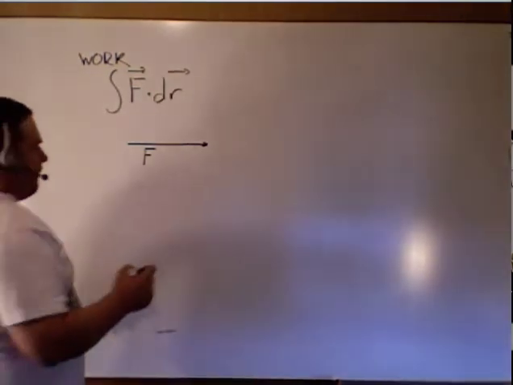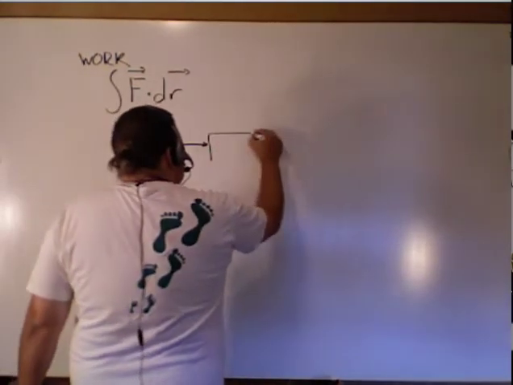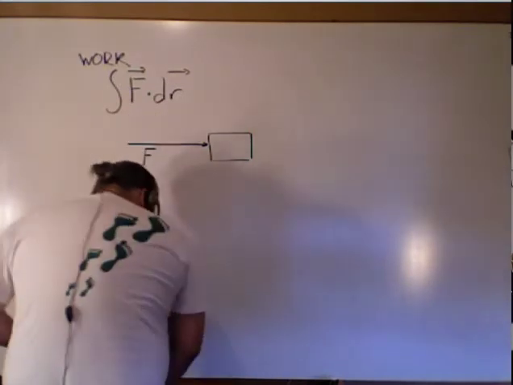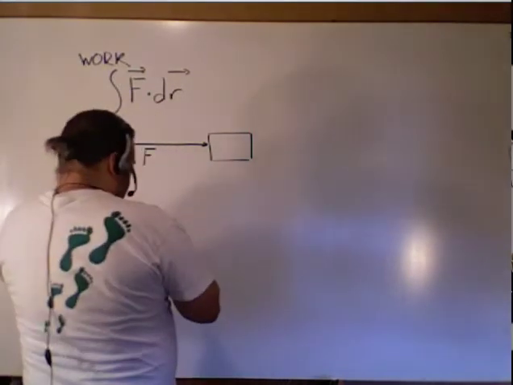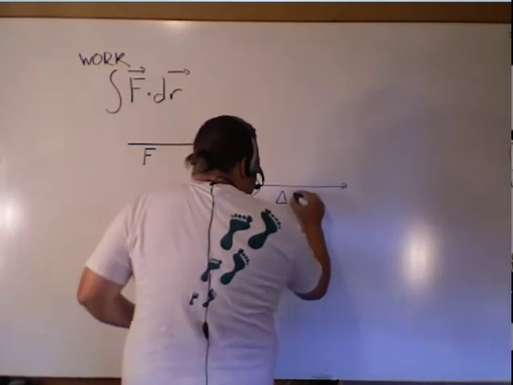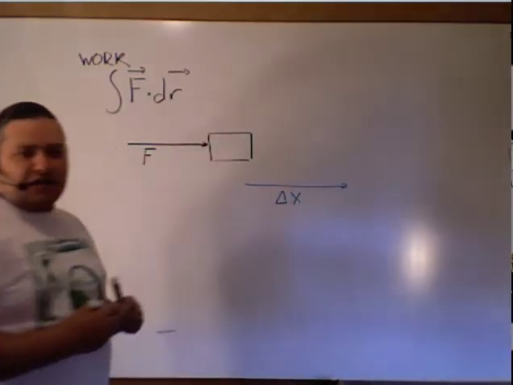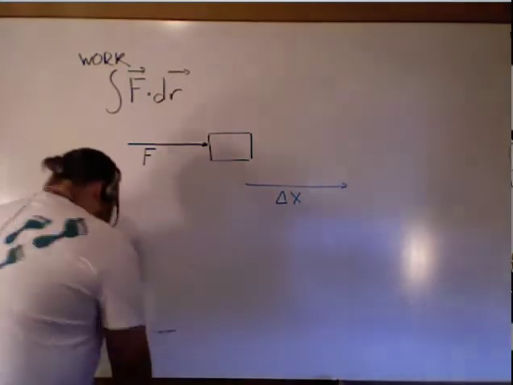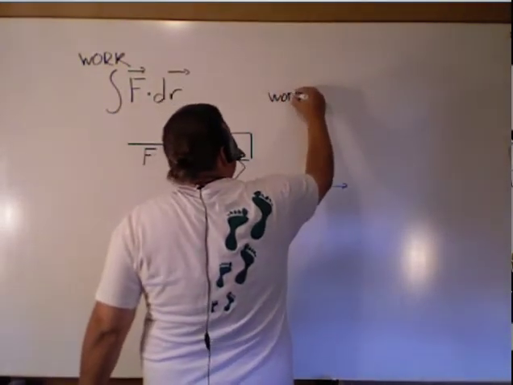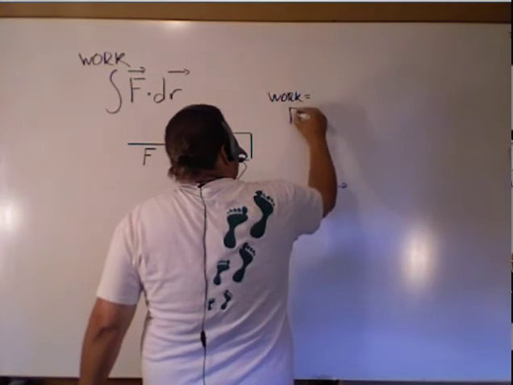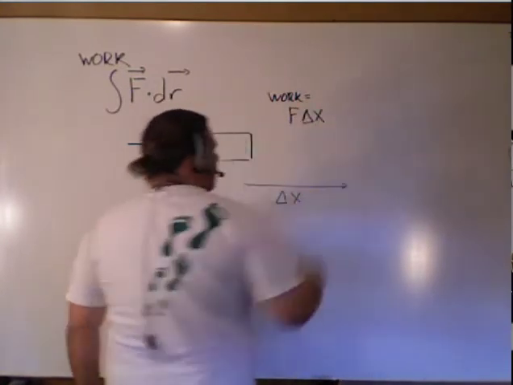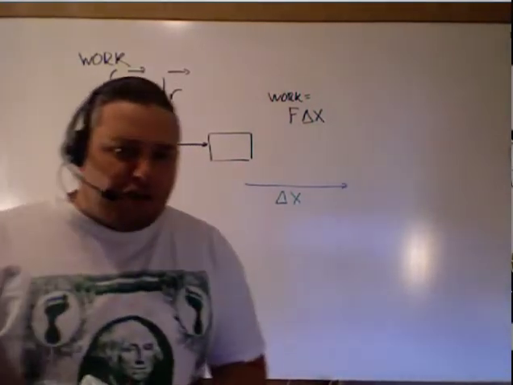So if I'm applying a force on a box, and that box experiences a displacement, remember displacement is a change in its position, in that direction, then we can say that the work being done is equal to that force times that change in distance, or that change in position, its displacement.